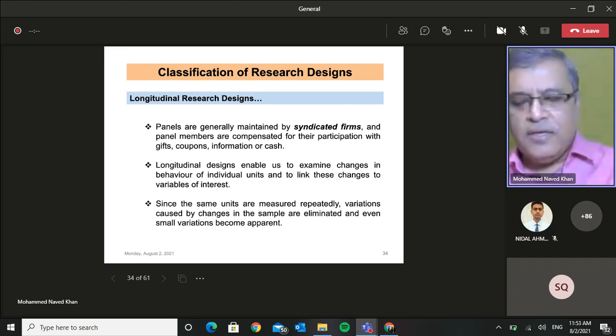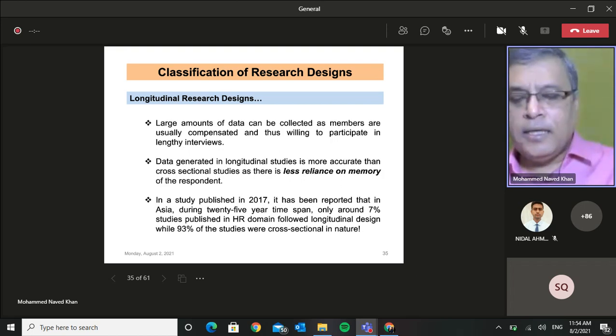So even minor changes can be easily captured by us if we are following this kind of design, that is panel design, as we do in a longitudinal study. In longitudinal designs, it is said that because the panel has agreed to provide you responses, we can take some liberties with them.